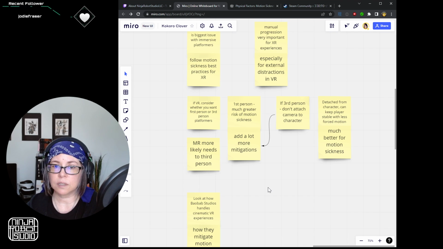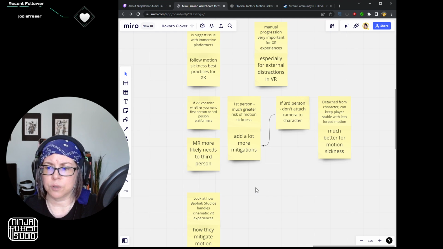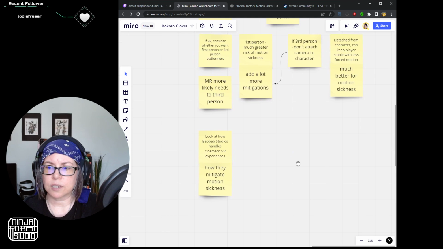And we'll see this in the games that we're playing. I think they all handle it this way, in different ways, but they all handle it this way. It's detached from the character, and that is much, much better for people who are averse to motion sickness.